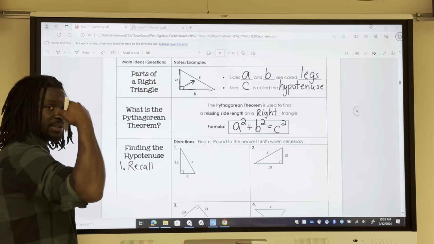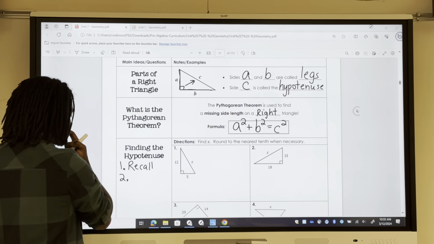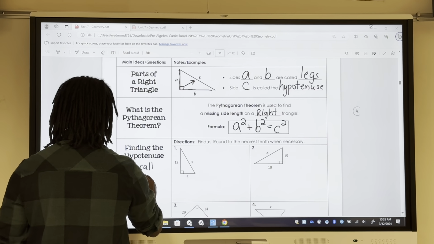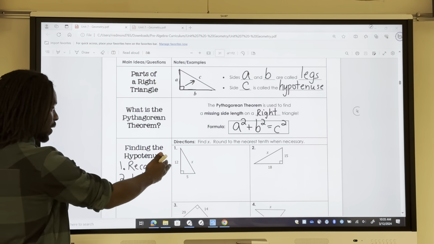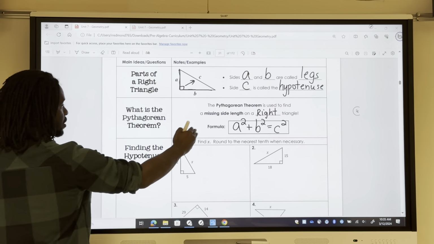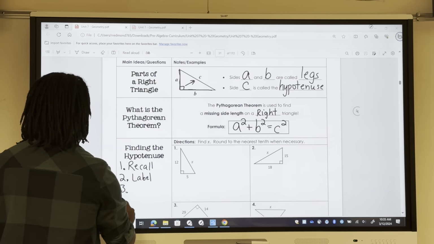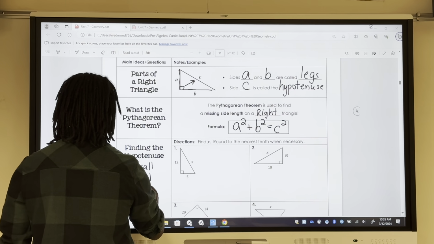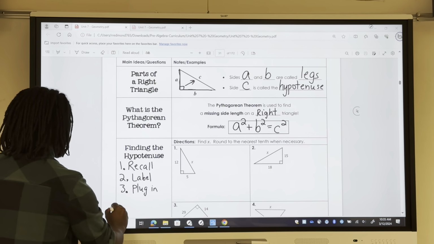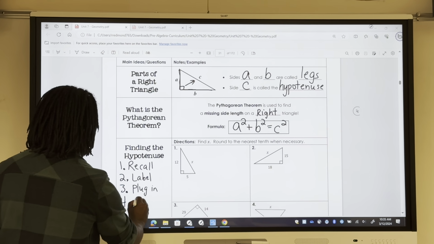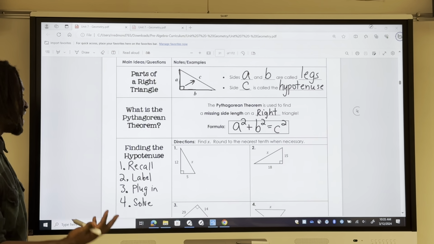That's just to help us remember it. Step 2 is we're going to label each of the parts of our sides, to know what each letter is and what the value for each of those is. Step 3 is we are going to plug in. And then step 4 is we're going to solve. Again, we're going to solve for the x.